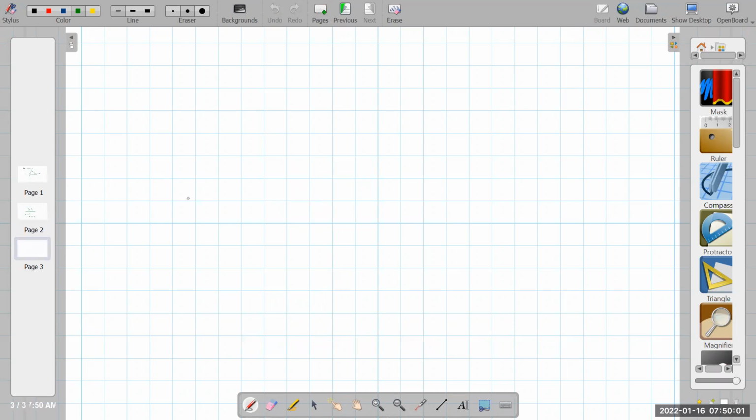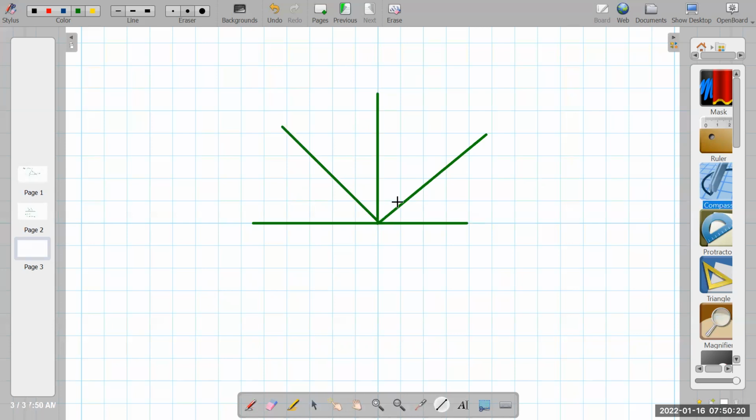Another diagram you can see here. Here are different angles like this. When you see your book, you can check that these are the angles.